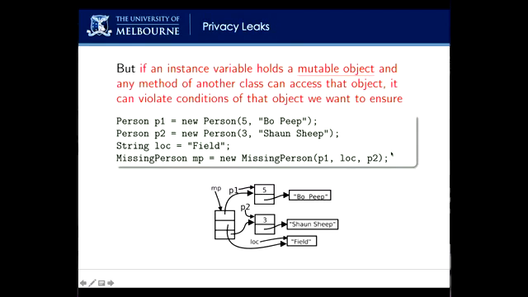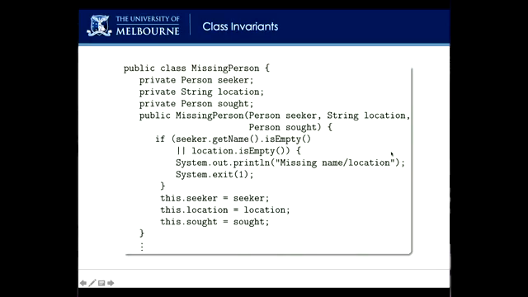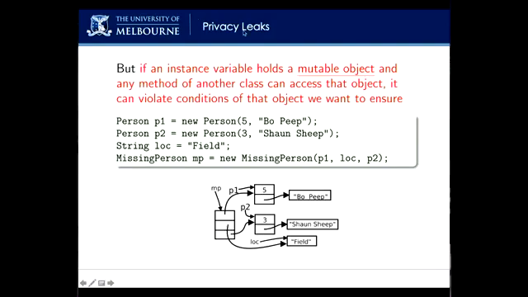So when we create this, the concept of a privacy leak. Hang on. So what does that mean? Now, because the person object has got mutable values, it means that the missing person object, this is the example of the missing person object.